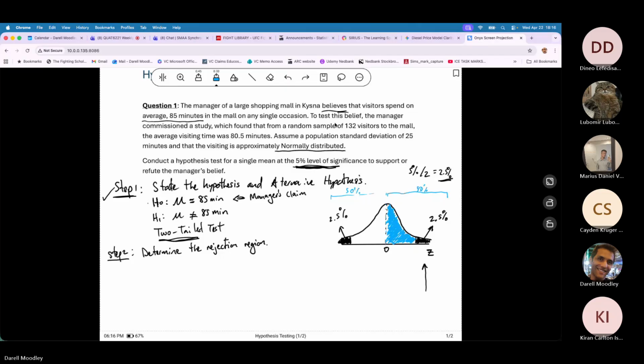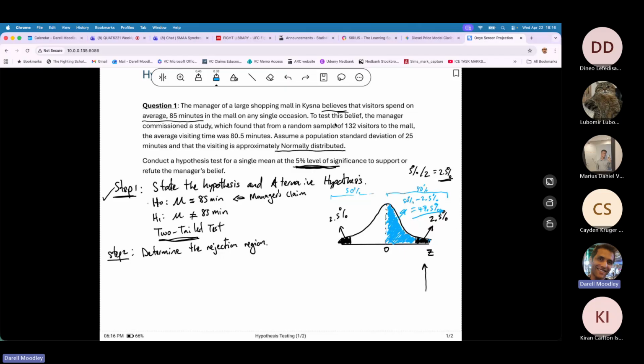If you've already used up 2.5% on the extreme right, you are left with 50% minus 2.5%, which is equal to 47.5%. Very good. Please, it's very important that you understand this, so if you have any questions on it, please let me know now.